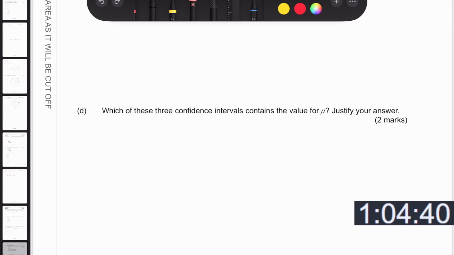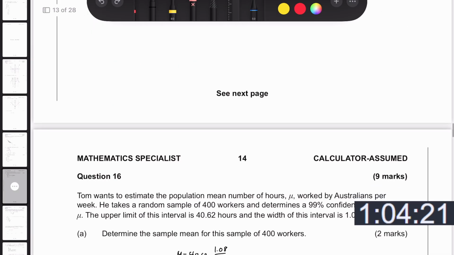Oh wait, is this a trick question where it's not enough information since none of them are certain? Which of these three confidence intervals contains the value?